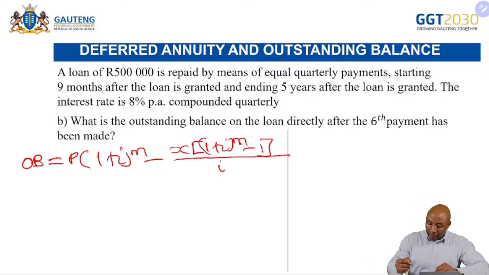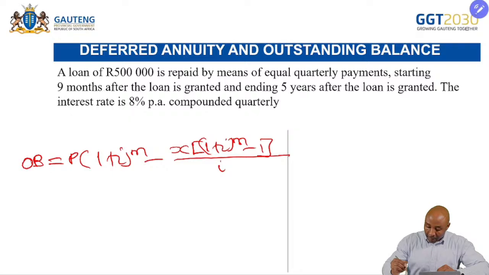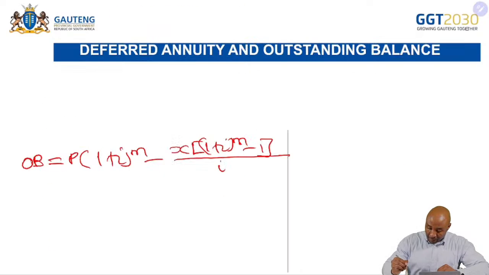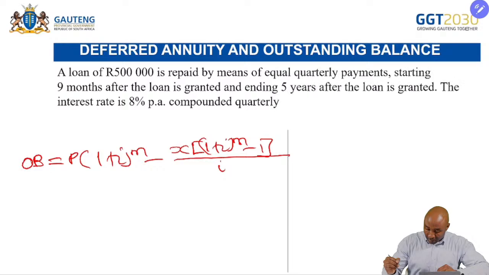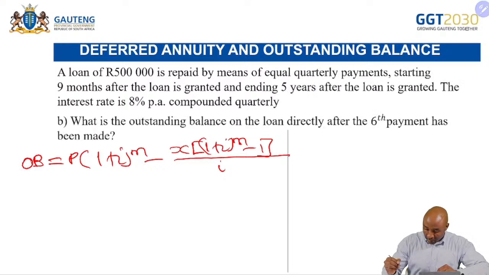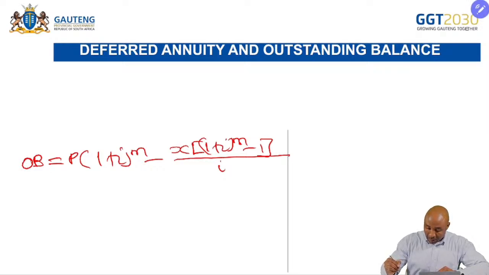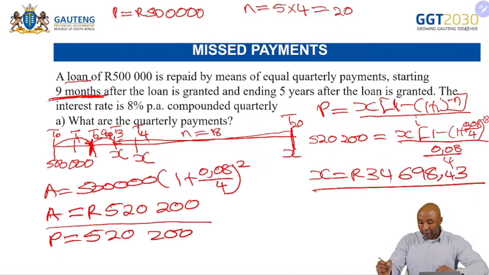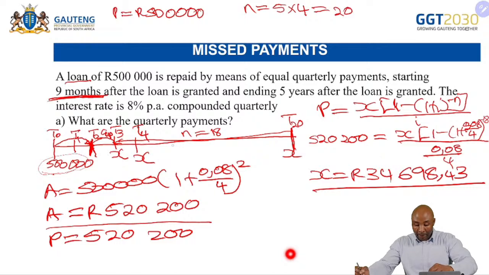If we go back to the timeline, remember, by the time we make the 6th payment, we are starting at T3. It means the 500,000 would have been in the account for 8 months, because remember, there are those two months where we had a deferred payment.